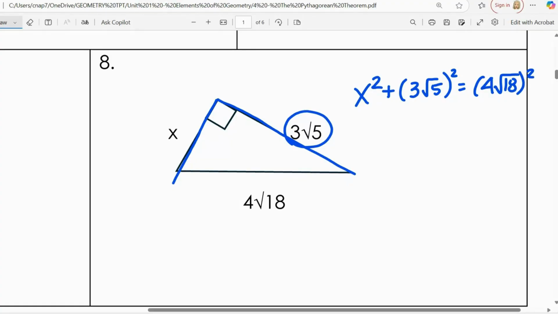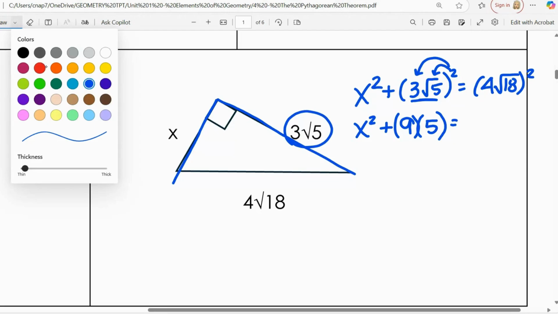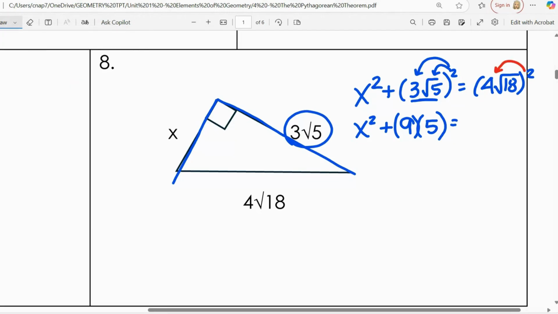When you square something like this, you're going to square both parts of this term. So you're going to do 3 squared, which is 9, and root 5 squared is going to just become 5. That's going to equal, if we do the same thing in the other one, 4 squared times root 18 squared.